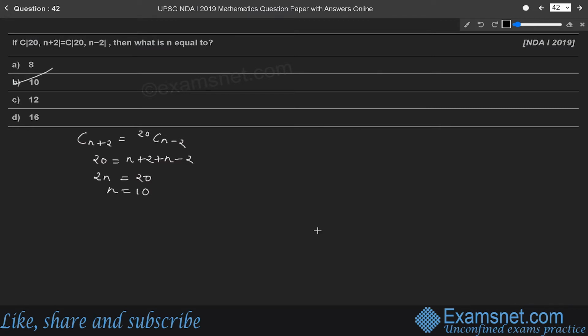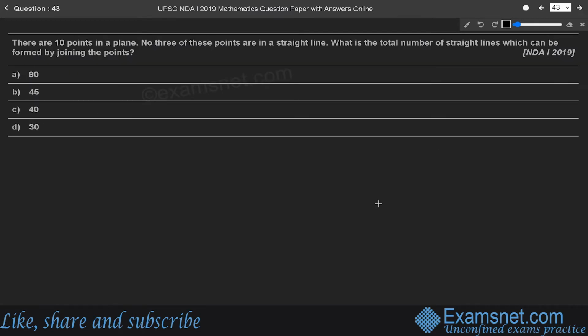See, these are very simple questions. Next question is, there are 10 points in a plane. No 3 of these points are in a straight line. What is the total number of straight lines which can be formed by joining the points? This question is a combination of straight line and combinations and permutations.